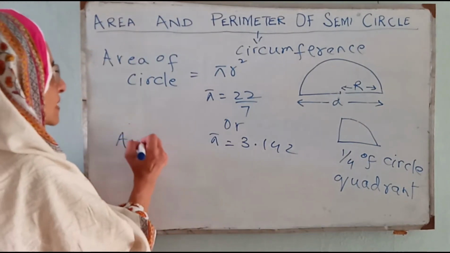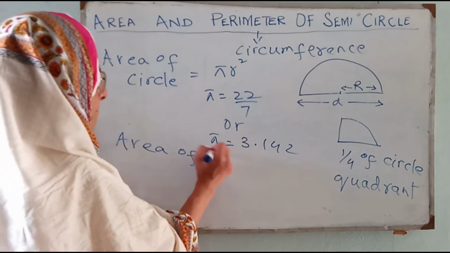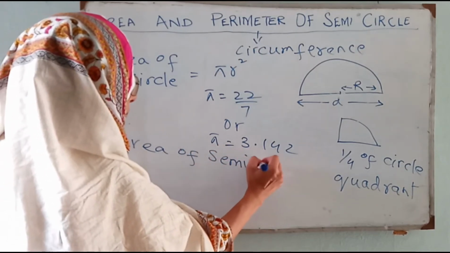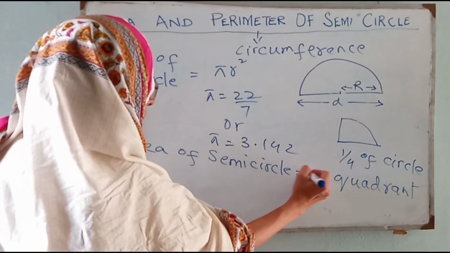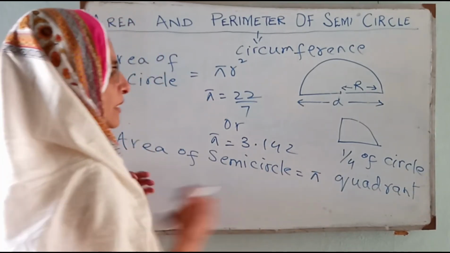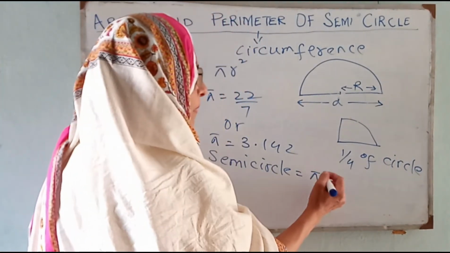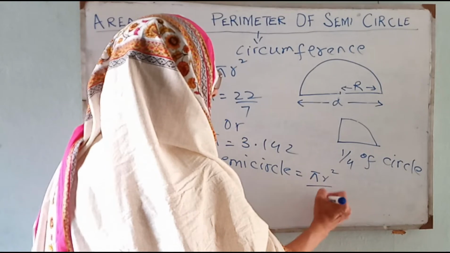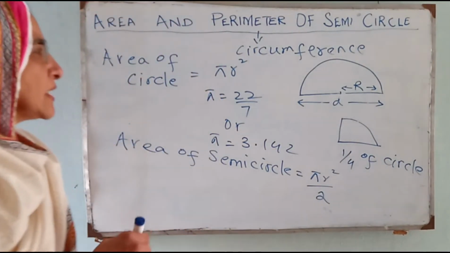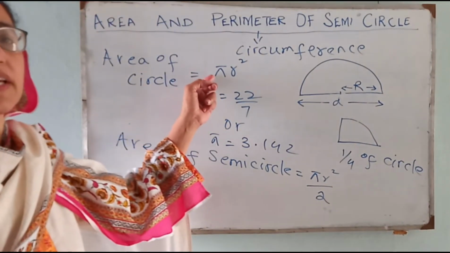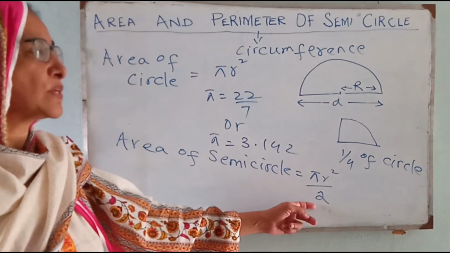So the area of a semicircle will be pi r square divided by 2, right? This was the formula for the area of a circle, and this is divided by 2.